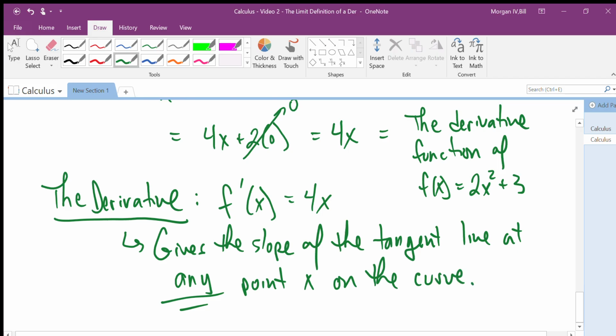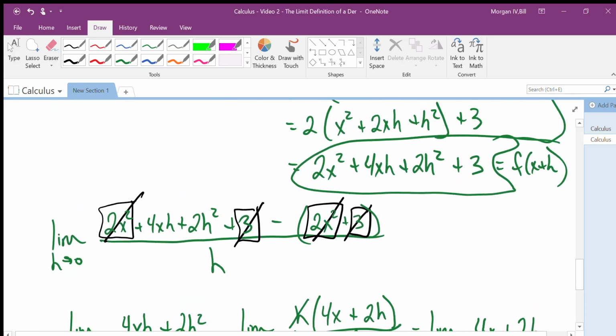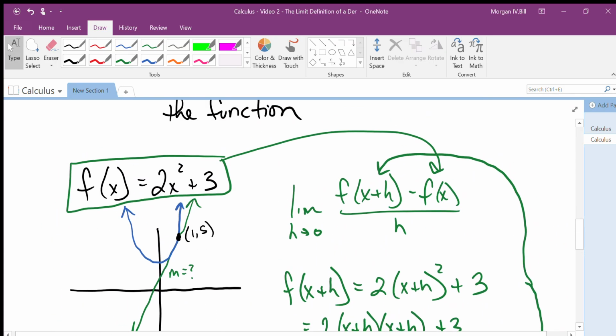Our curve here being 2x squared plus 3. At any point on that curve, we can find the slope of the tangent line. And the way we do that is, well, what point do we want? Let's go back up. We wanted the slope of the tangent line to occur at the point 1, 5. This is an x value of 1 and a y value of 5.